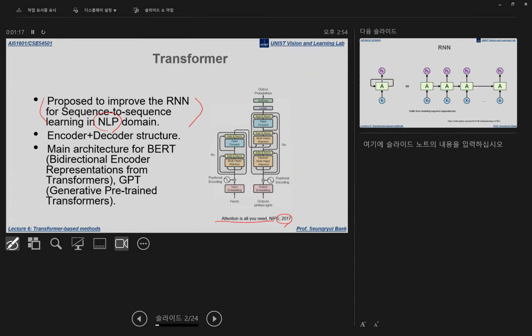This original form of the transformer was proposed for NLP data, but now people are using the transformer more and more for vision and other modality tasks. They are composed of an encoder and decoder structure. So I will tell you how they are constituted.